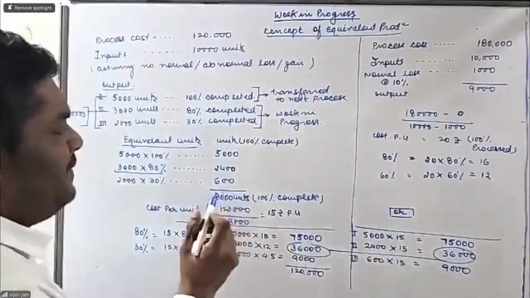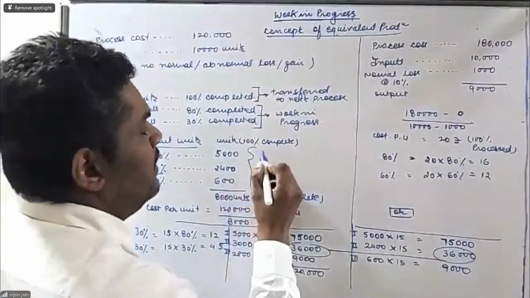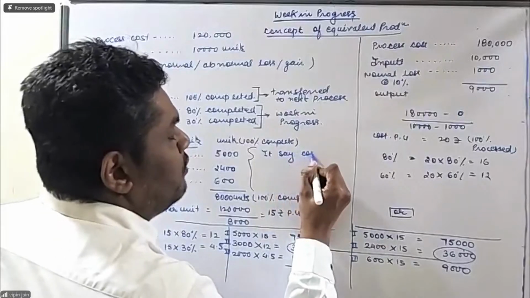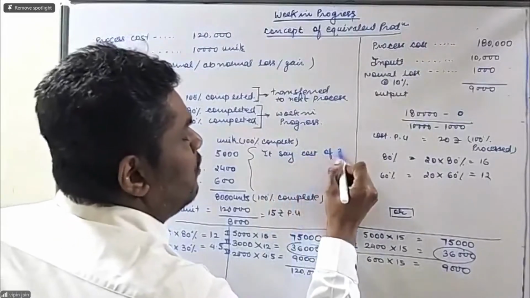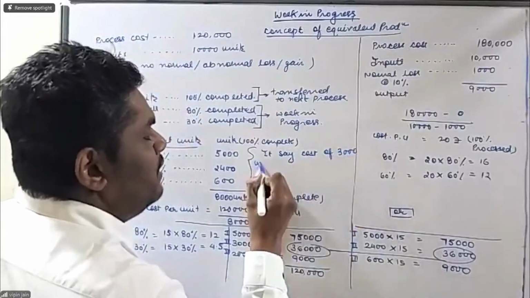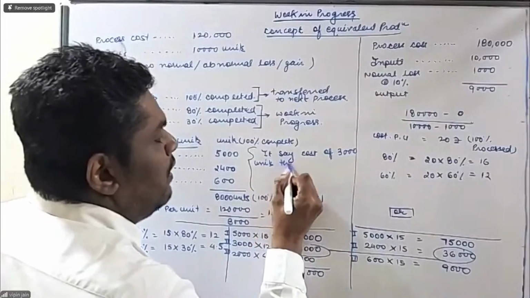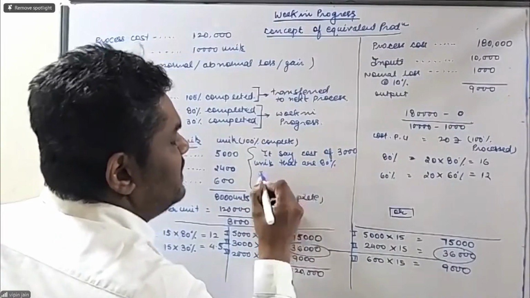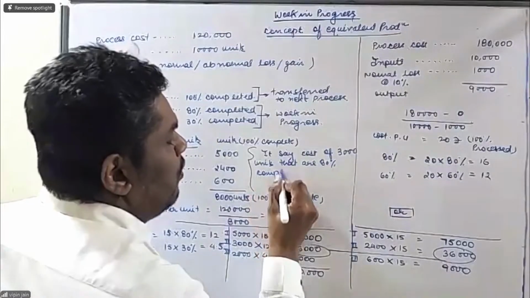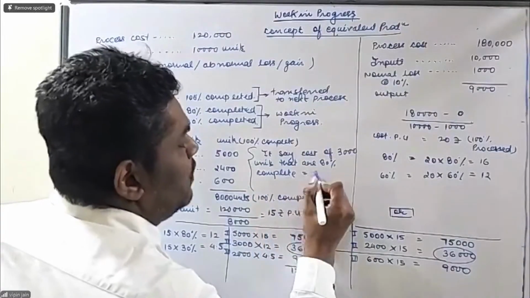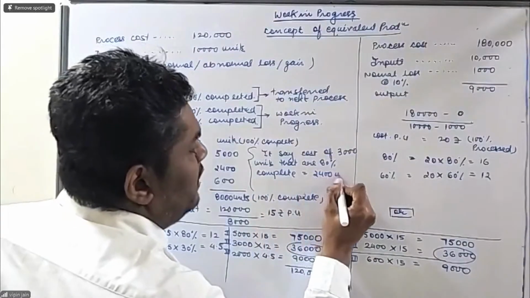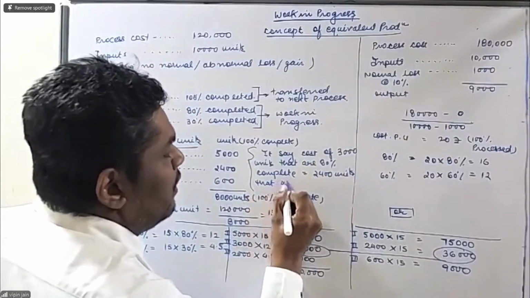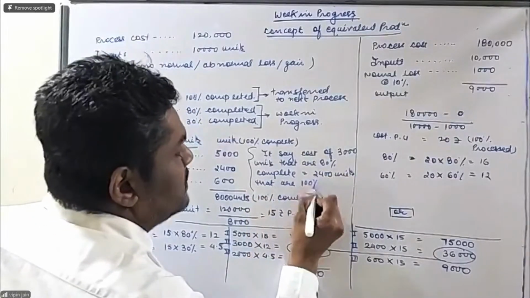If you guys have any doubts, I'm writing this explanation also. It says the cost of 3,000 units that are 80% complete will be equal to 2,400 units that are 100%.